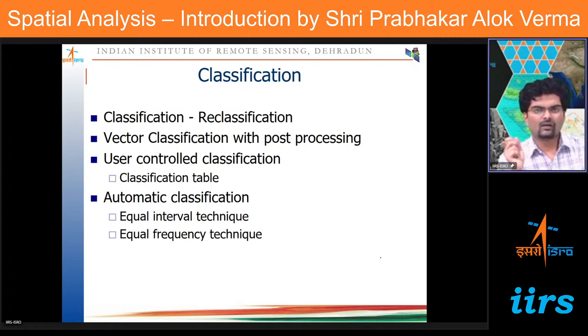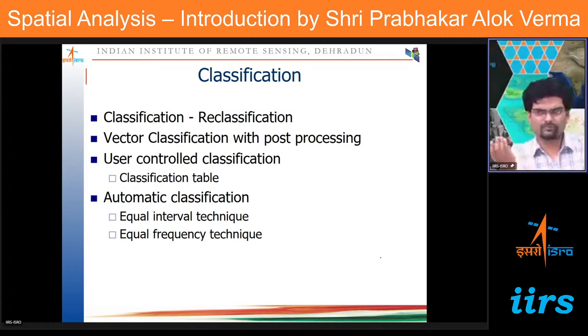Or you can have a table for this kind of classification, so classification based on the table. Then there is a possibility of having automatic classification based on equal interval. In case of equal interval, you give input image or column of attribute table and give number of classes.